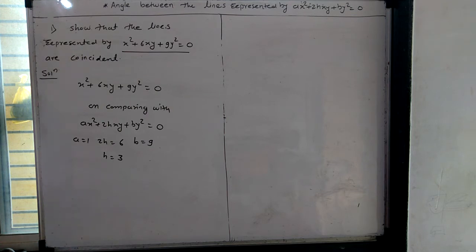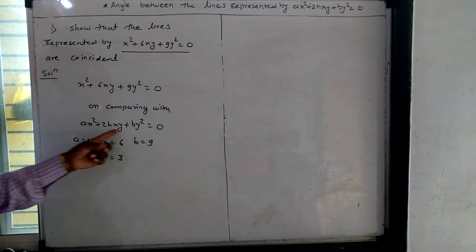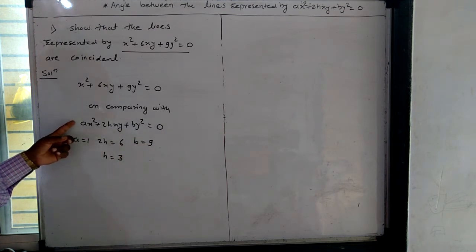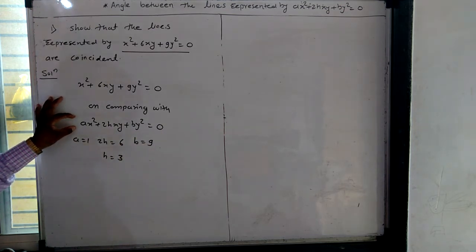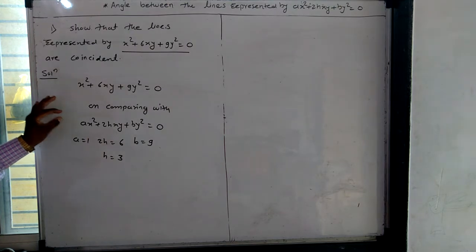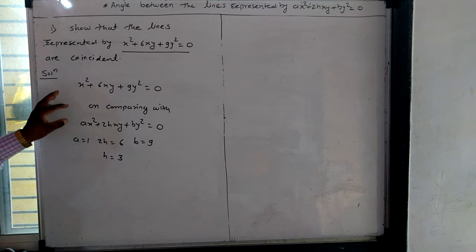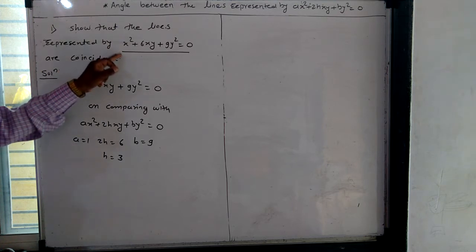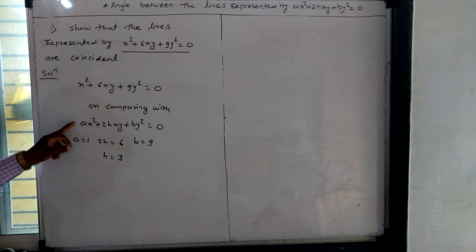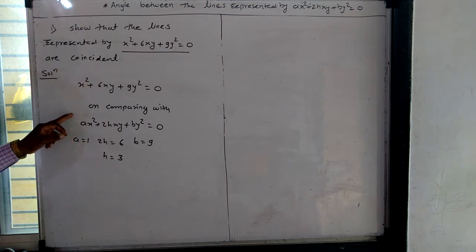Now we know that this equation represents a pair of straight lines, and those lines are passing through the origin, and the angle between these two lines is given to you. Also we find the parallel and perpendicular condition for these lines. So lines are coincident to each other means the angle between these two lines is 0.